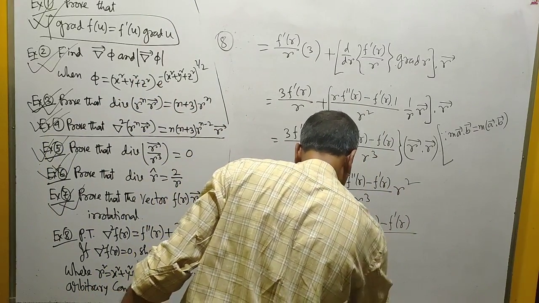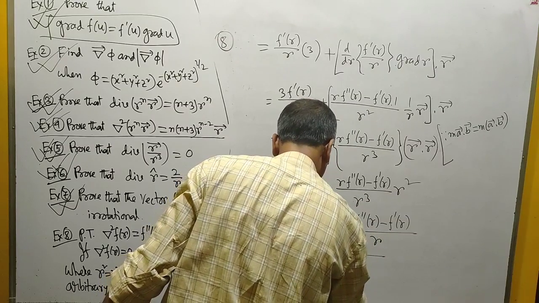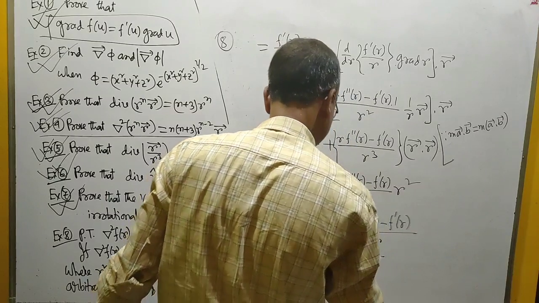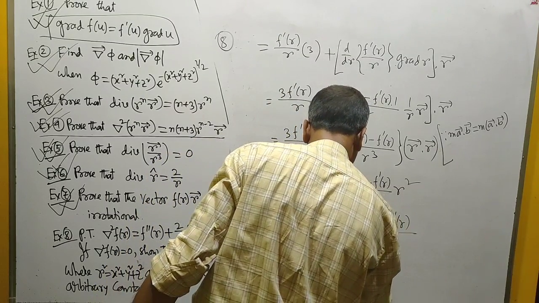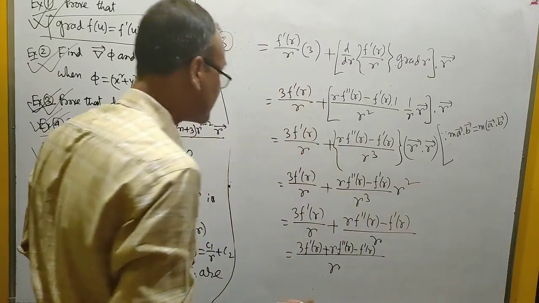This is equal to r, 3 f dash r plus r f double dash r minus f dash r minus f dash r.